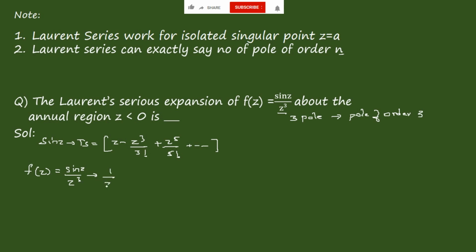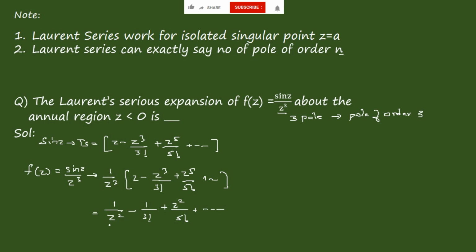Then we get 1 by z cube into (z minus z cube by 3 factorial plus z power 5 by 5 factorial plus so on), right? Which becomes 1 by z square minus 1 by 3 factorial plus z square by 5 factorial plus so on, right?